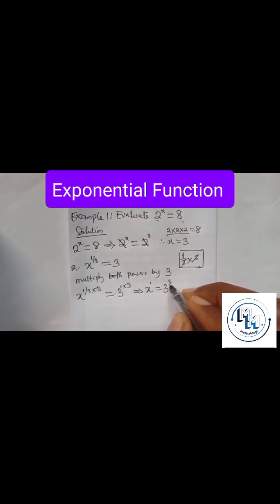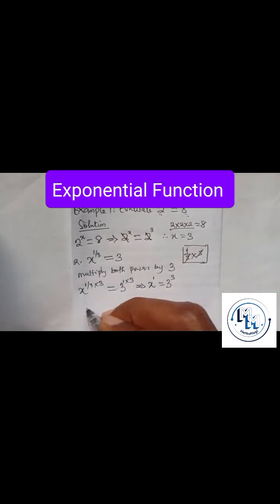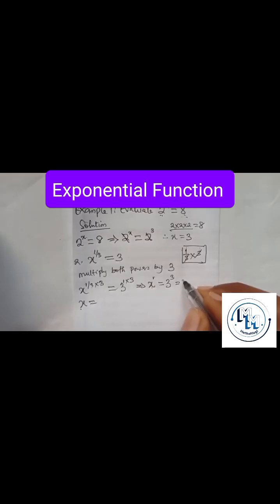So 3 power 3. Remember, anything to power 1 is that thing again. So x power 1 is x, which is equal to 3 power 3, which is 3 times 3 times 3. That is 27. x is equal to 27. Is that all right?